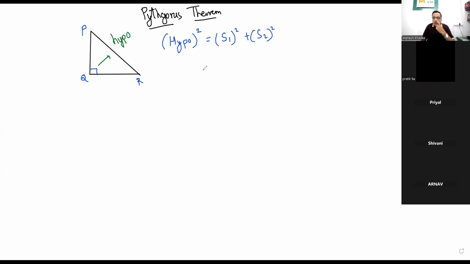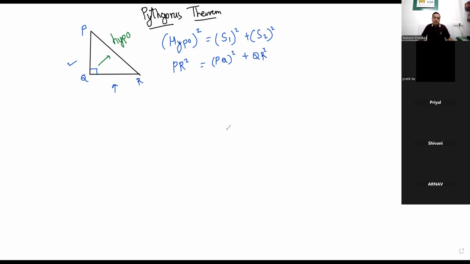So first we have to identify which one is the hypotenuse. Here the hypotenuse is PR. Then take any one as side 1 and the other as side 2, whatever the remaining sides. One side remaining is PQ and another is QR. So you can take PR square equals PQ square plus QR square. So this one is the Pythagoras theorem.